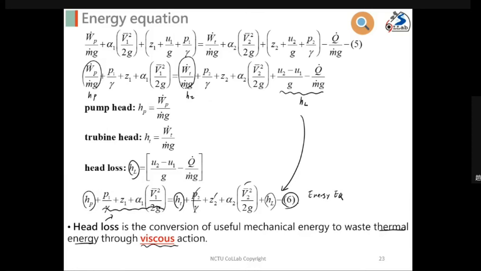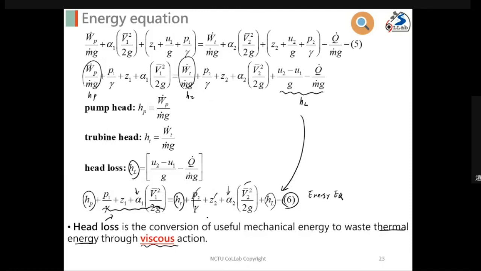If you catch up and fully understand what I mean from the previous slide, the only important equation you need to keep in mind after this chapter is equation 6. We call that the energy equation, showing here. This is quite easy to remember because the formula of equation 6 is quite similar to the Bernoulli equation.